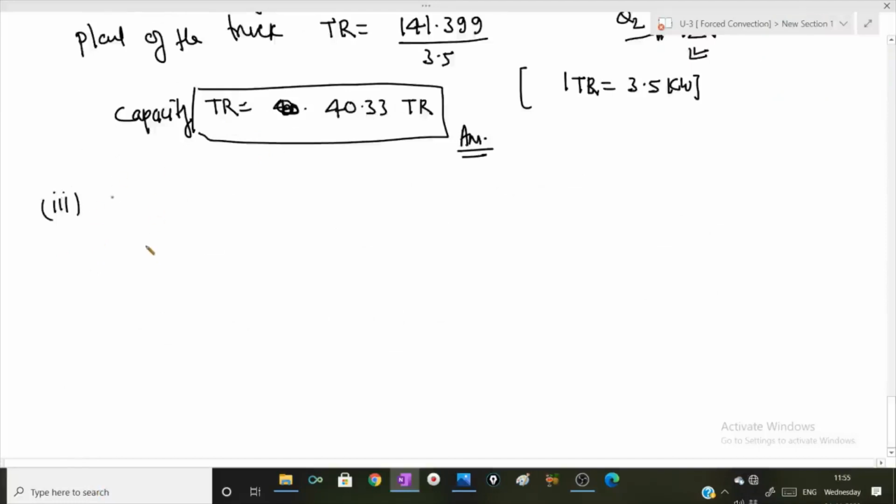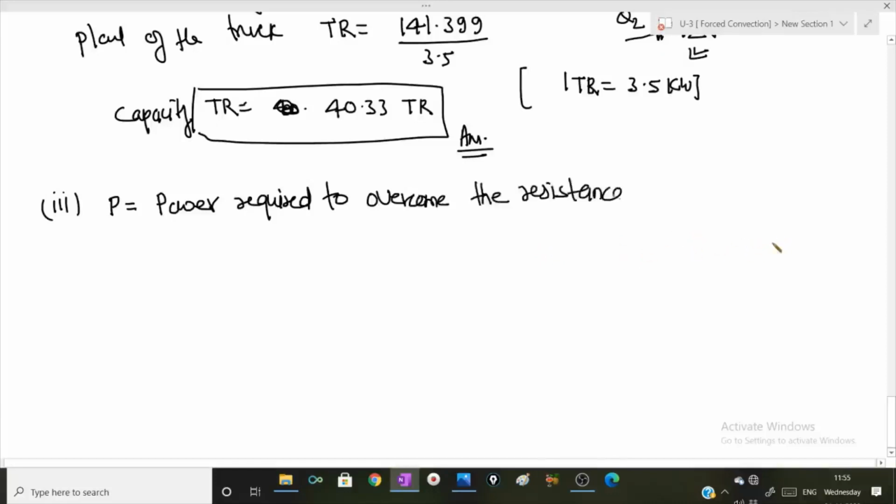Now let us discuss point number 3, that is the power required to overcome the resistance. Now what happens actually when the truck is moving in the desert area and the desert air is flowing over the truck outer surface, it exerts a drag force, that is a resistance force.